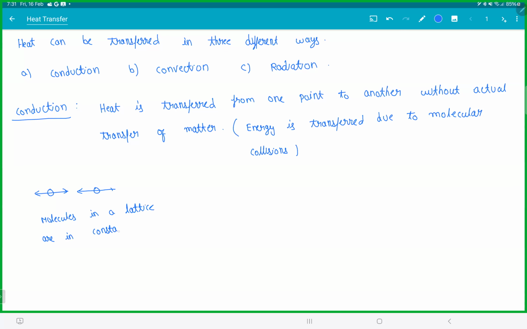We have seen this in thermal expansion also. And we know the kinetic energy of these molecules is 3/2 kT. So this is proportional to amplitude. So the bigger the temperature, the more they vibrate. Or you can say this is also proportional to velocity, half mv square. So the higher the temperature, the faster they move.